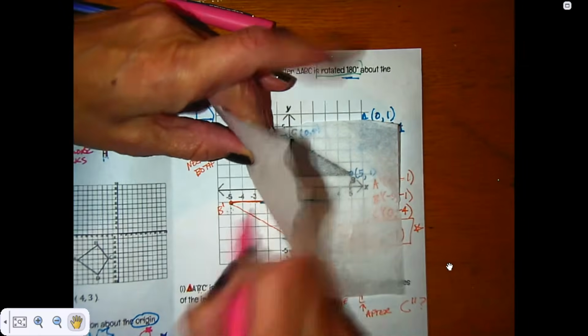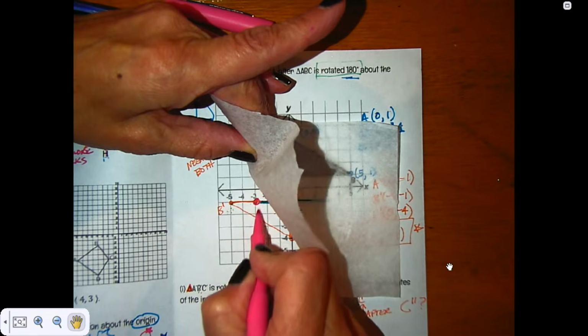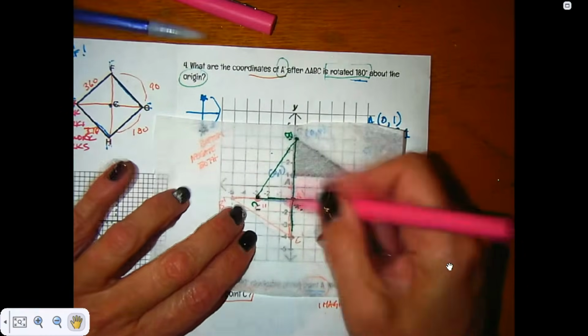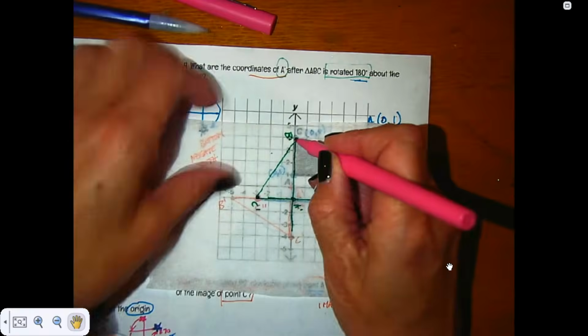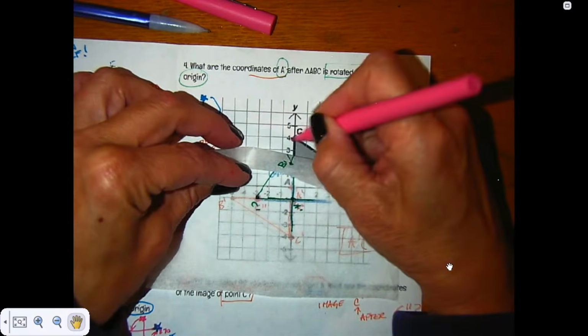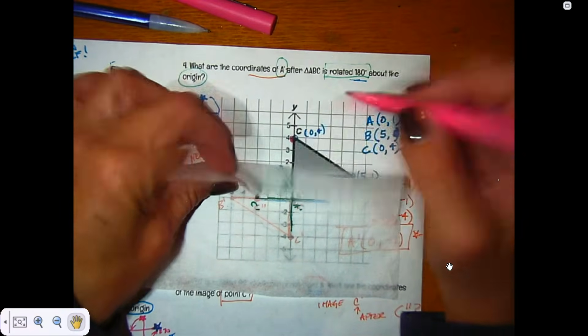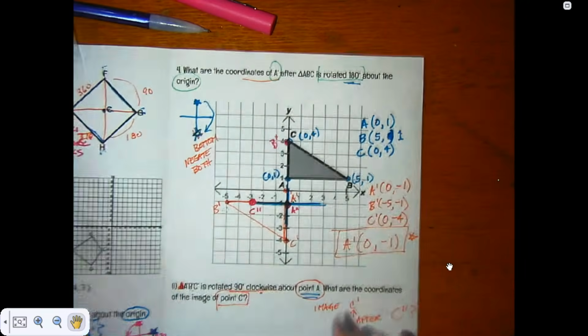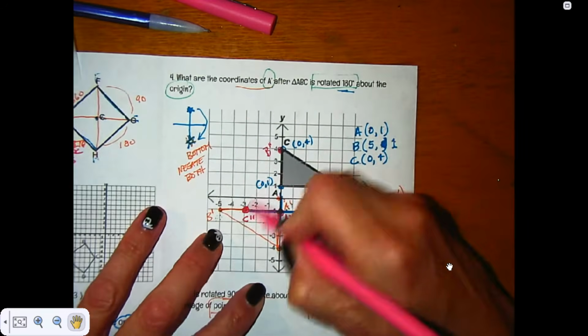That's right here. That is my C double prime, which is actually what they're asking me, right? And then up at the top is going to be my new B double prime. So here is going to be my B double prime. That means my shape is going to look like this.